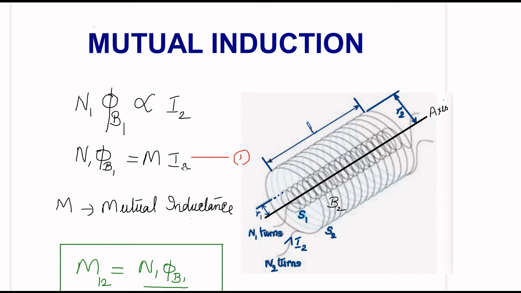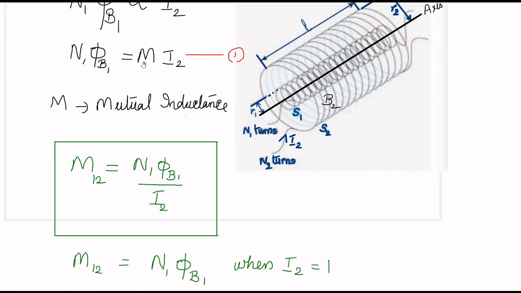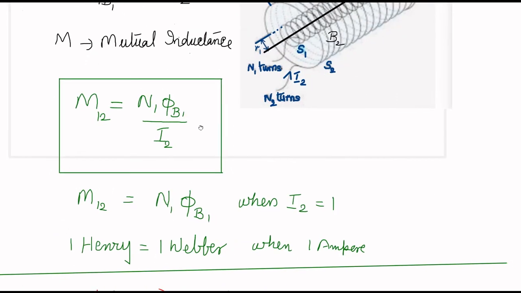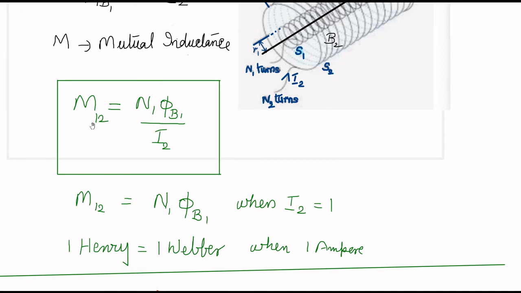From equation number 1, what is mutual inductance? We know M equals N1 phi B1 by I2. Mutual inductance is denoted as M or M12. That is the mutual inductance of the first coil with respect to the second coil.